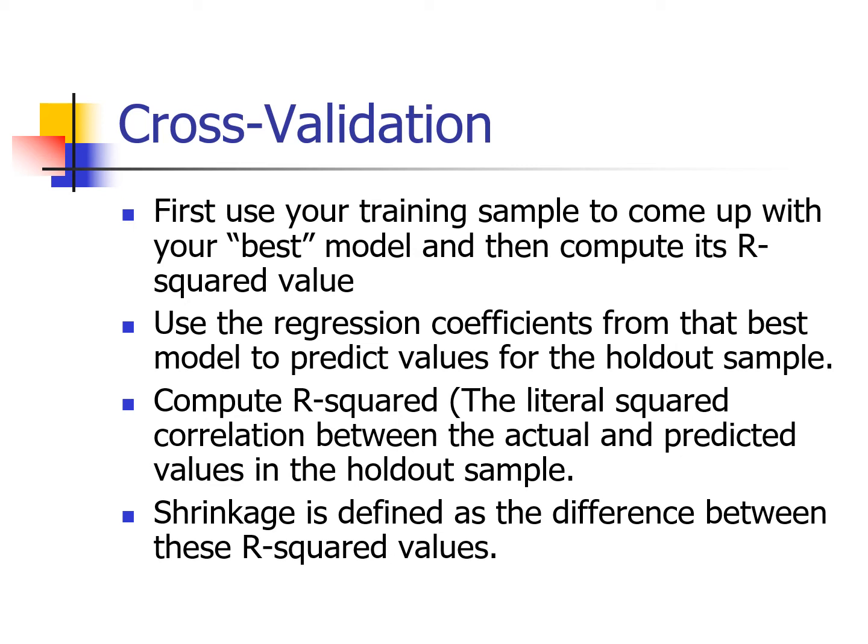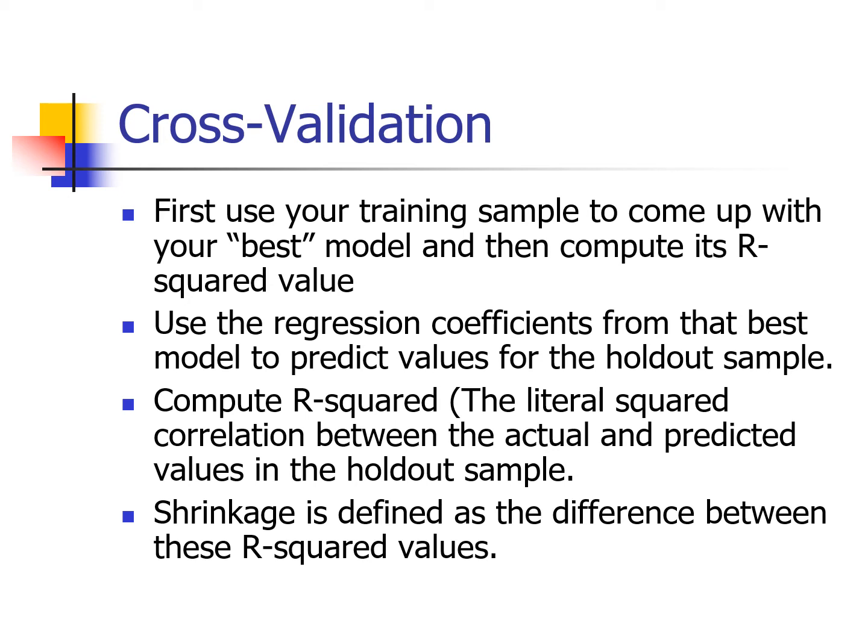So what is cross-validation? In cross-validation, we first use our training data set to come up with our best model, and we compute that model's R squared. We then use the regression coefficients from that best model to predict values for our holdout sample.